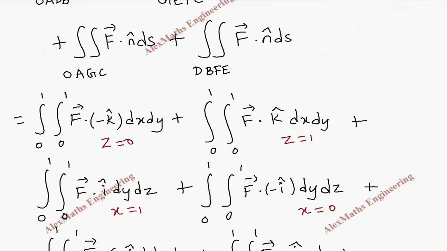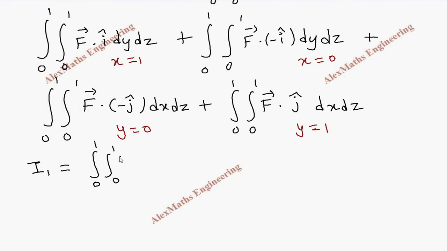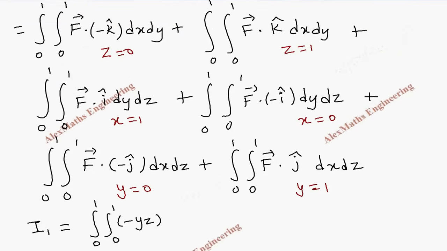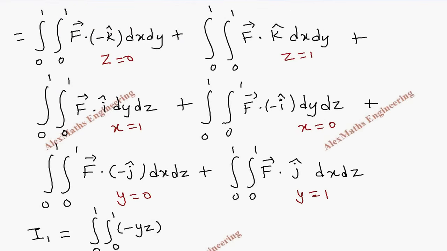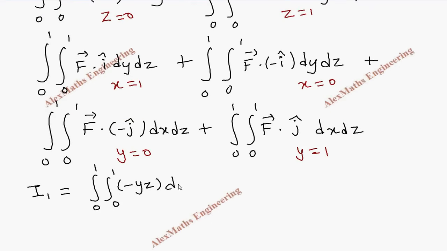So here it will be minus yz and the remaining are dx dy. Here the equation of this surface is z equal to 0. When we substitute 0 for z, the total value becomes 0.